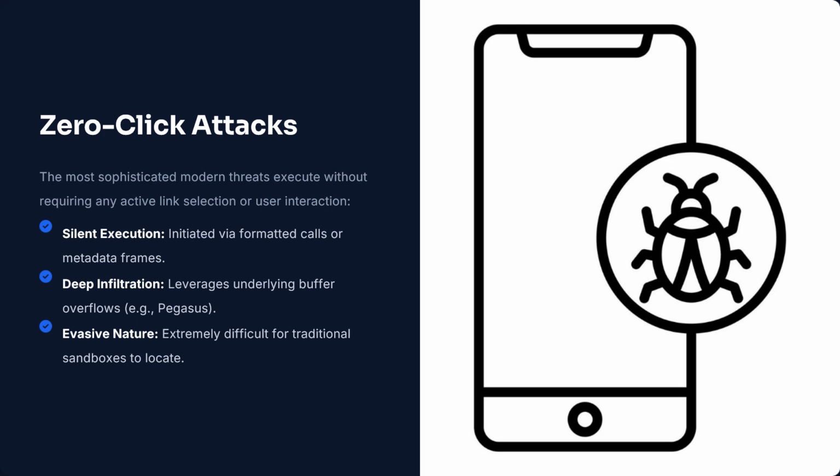They bypass user interaction entirely, often initiated through a specially formatted, invisible message or metadata frame sent via apps like WhatsApp or iMessage. Sophisticated spyware, like the famous Pegasus software, uses this exact method to infiltrate your devices deeply. Because they run silently in the system buffer, they are incredibly difficult to detect.